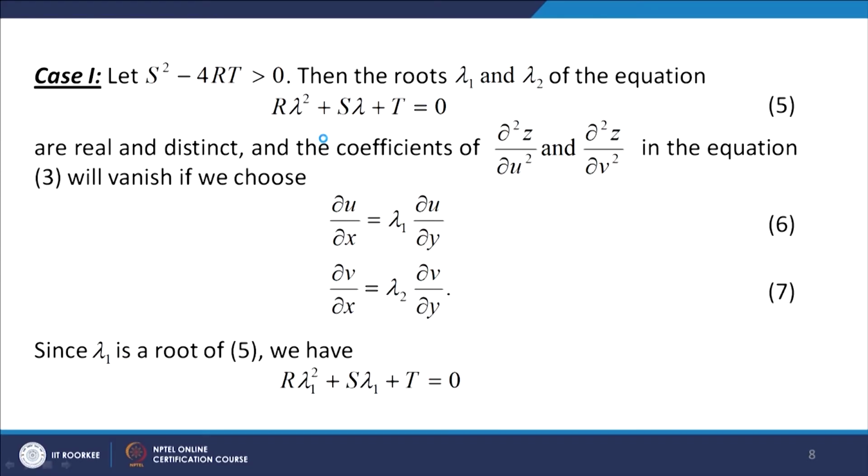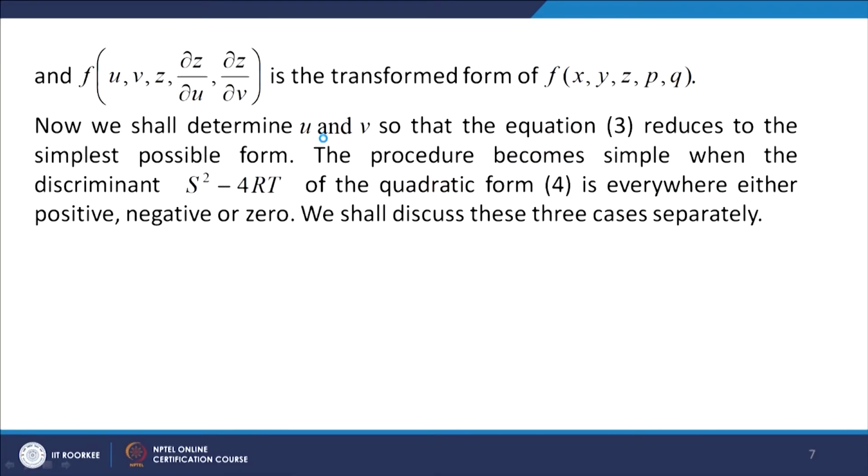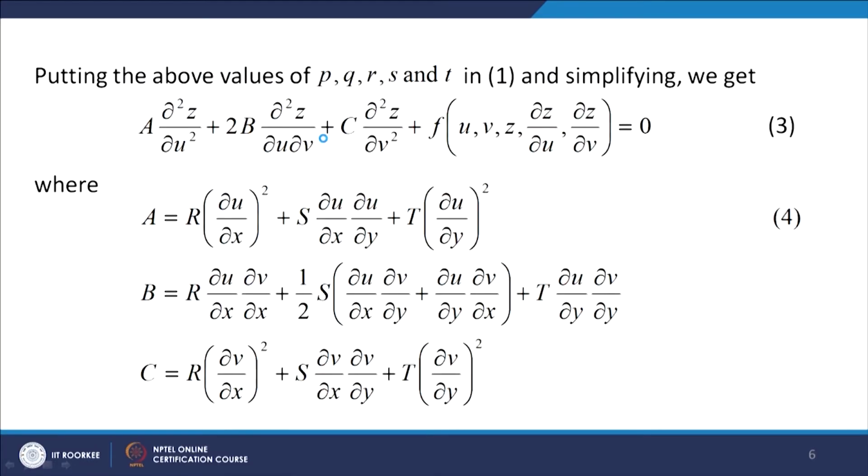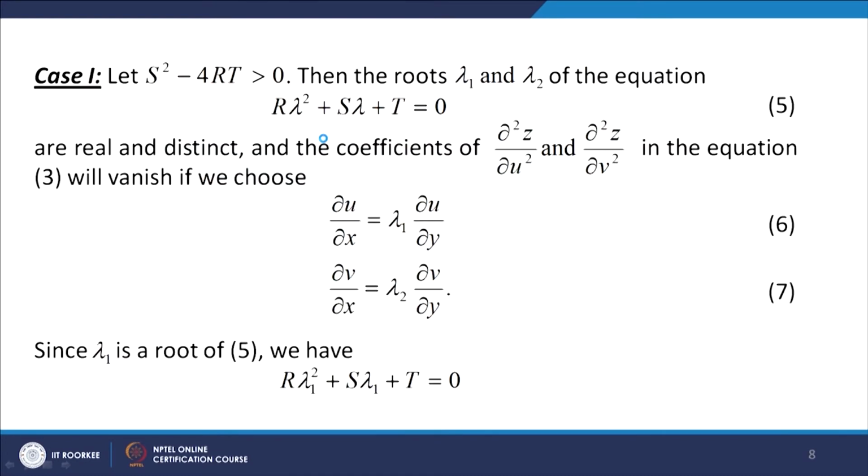So, let us consider the case when s square minus 4rt is greater than 0, then the equation r lambda square plus s lambda plus t equal to 0.